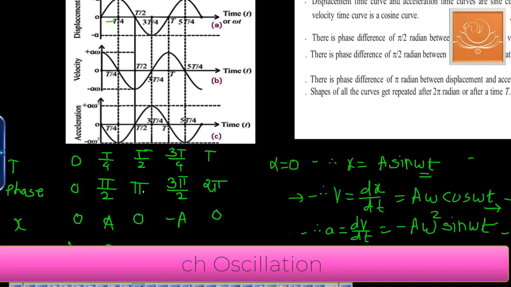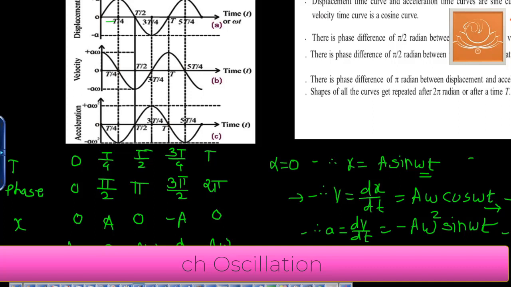At pi phase, cos of pi equal to minus 1, hence velocity becomes minus a omega. At 3 pi by 2, velocity becomes again equal to 0, and at 2 pi, velocity is a omega.